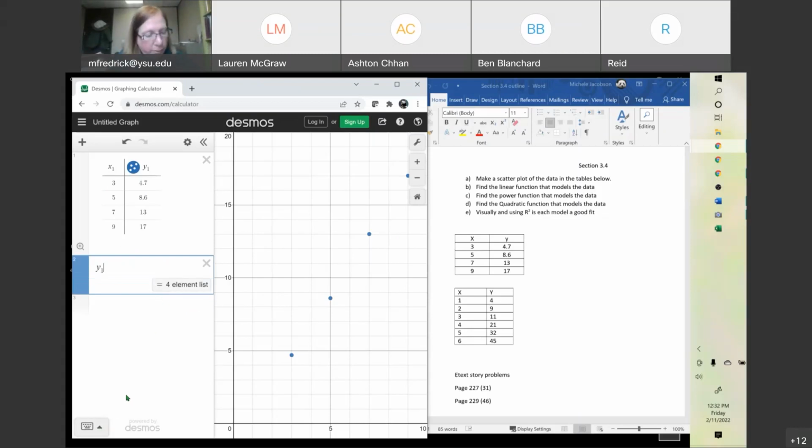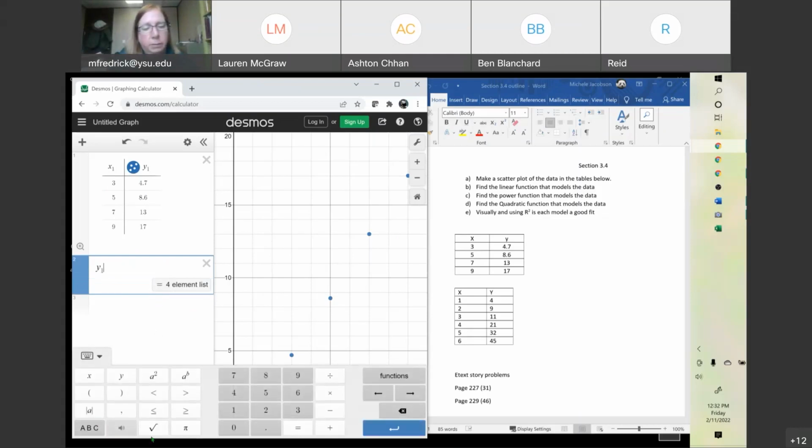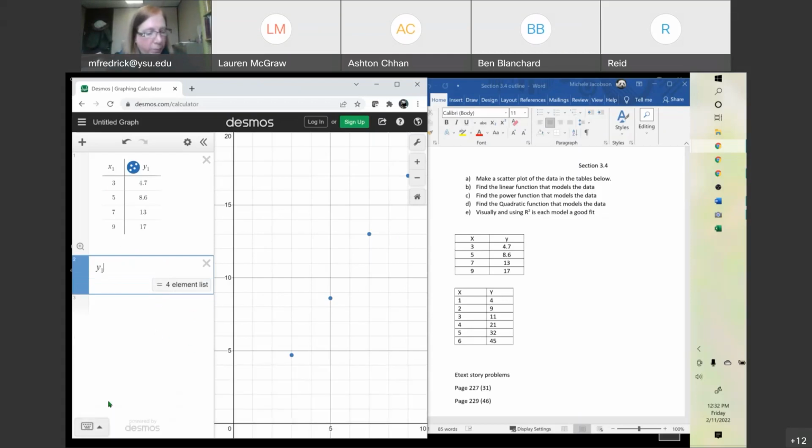Where your apostrophe is, right next to your 1, if you hit shift, it'll give you this little squiggly. So it's at the top left of your keypad. So instead of equals, you want to use this similar or approximate.